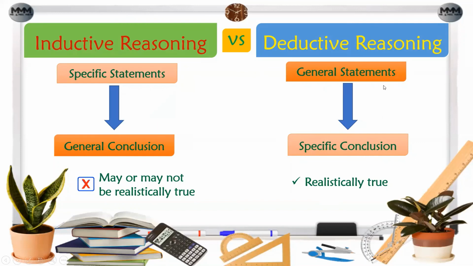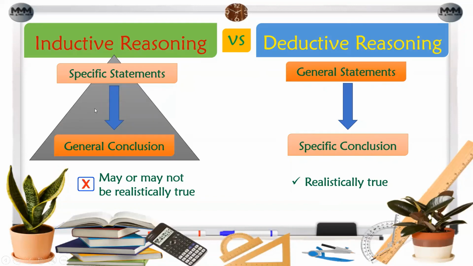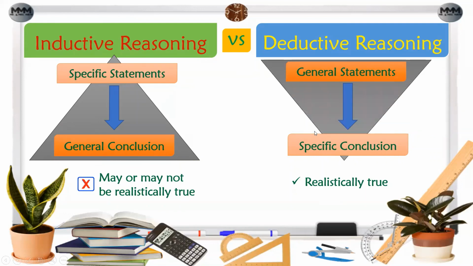So in inductive reasoning, we can think of a triangle wherein, based from the figure, we start from specific down to general. Whereas in deductive reasoning, we can think of it as an inverted triangle. Based from the figure, we have general down to specific.